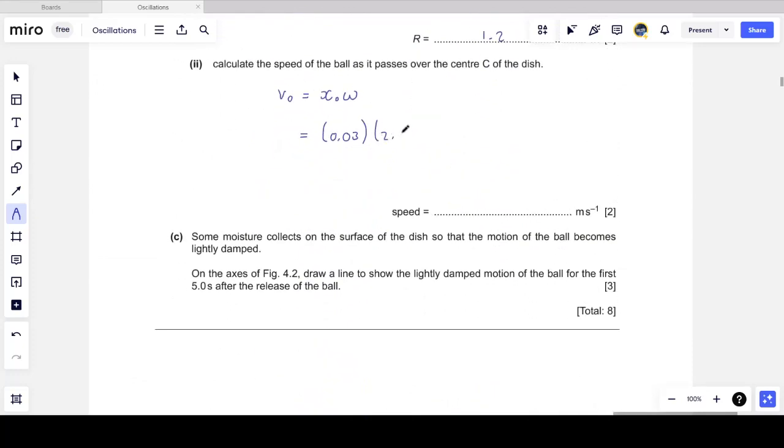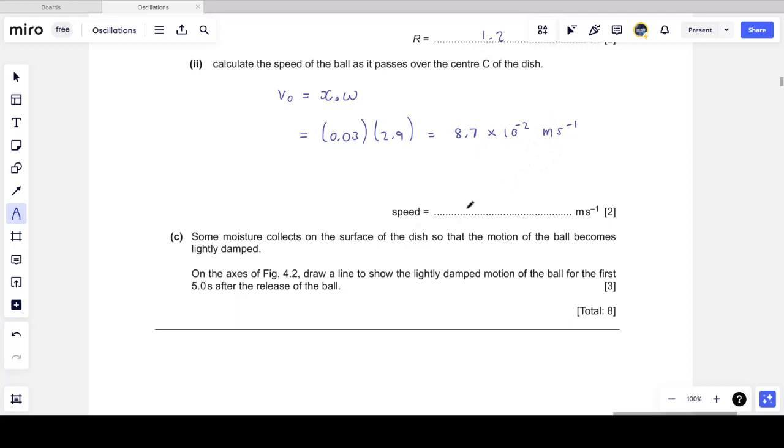And then we multiply that by omega, which we calculated to be 2.9 radians per second. We get a speed of 8.7 times 10 to the minus 2 meters per second. The question wants us to leave our answers in meters per second, so we can leave it as is.